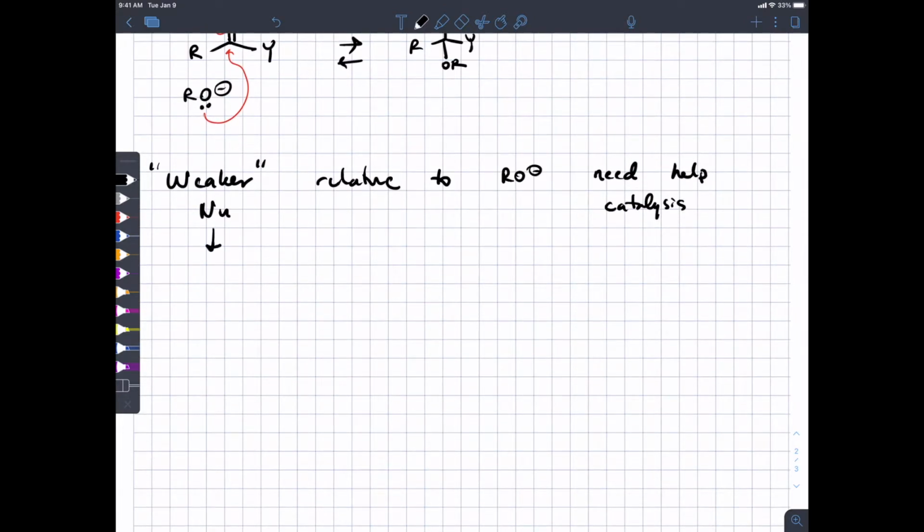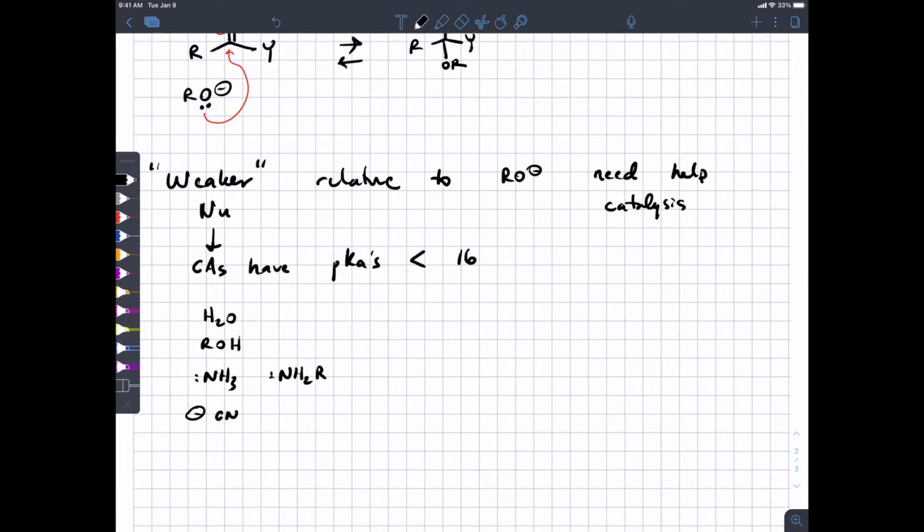What do we mean by weaker? Well, these would be nucleophiles whose conjugate acids have pKa's less than 16. So examples of these include water or alcohols, amines like ammonia or primary or secondary amines, CN minus.